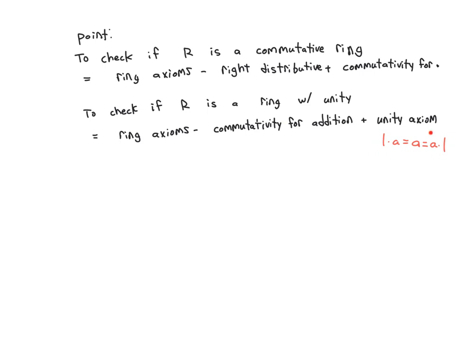But again, usually this proof is easier than commutativity, so it's less work. And of course, if you want to check that R is a commutative ring with unity, you can even get rid of one of those. Get rid of that, and now you're just checking commutativity for multiplication and one of these unit axioms.